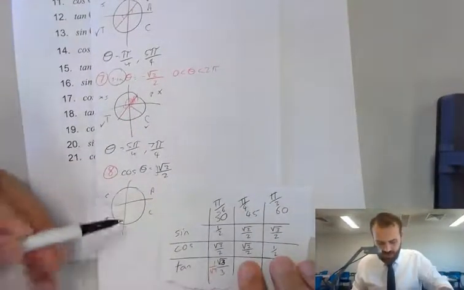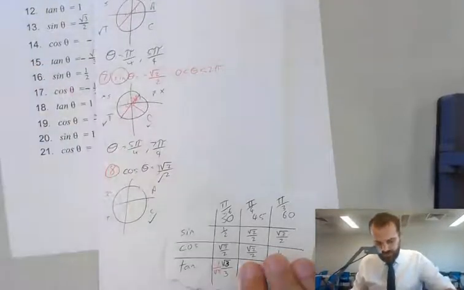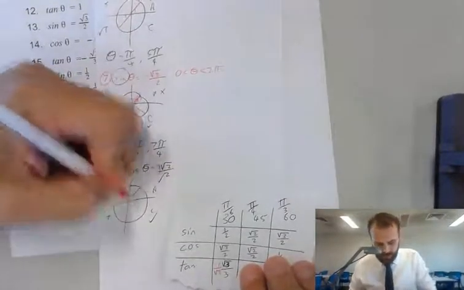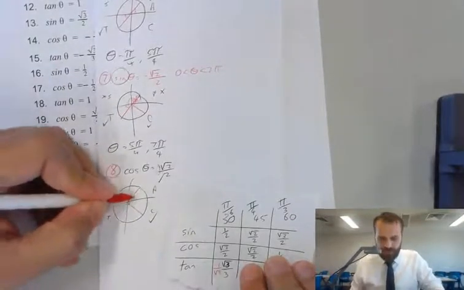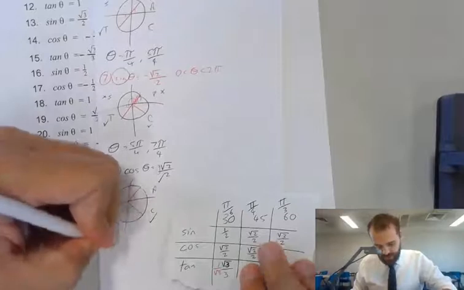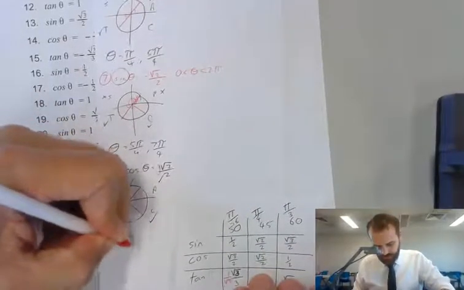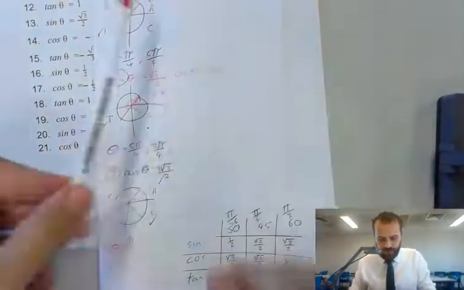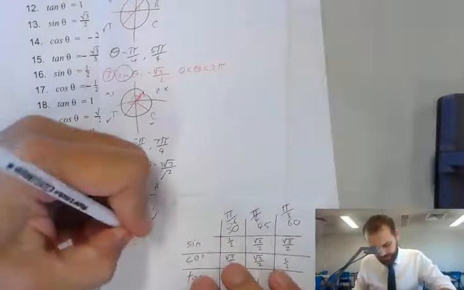It's a positive cosine, so it's going to be here and here. This angle and all the way around there. So that's going to be pi on 4, and 7 pi on 4.